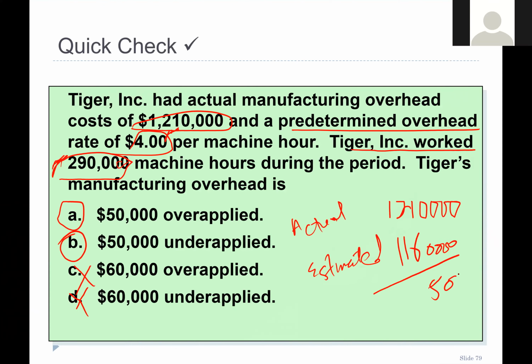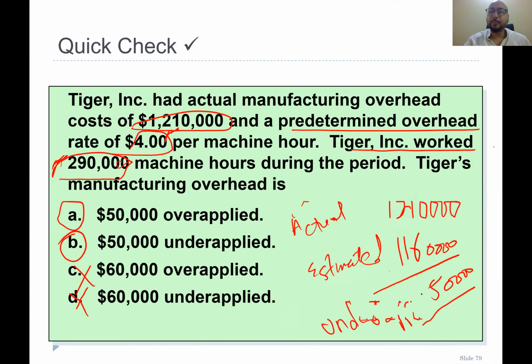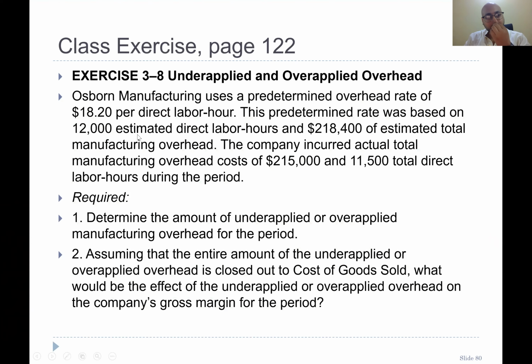And there is 5,000 difference. So you see, estimated is lower, actual is higher. So we underestimated, or underapplied. So this is underapplied. Answer would be B.